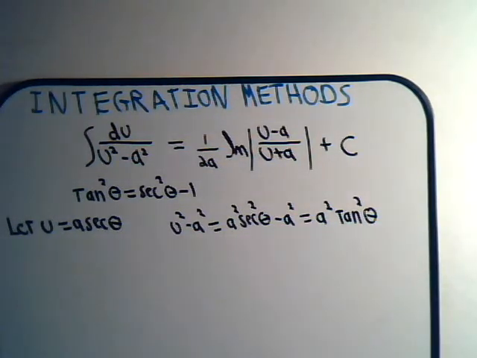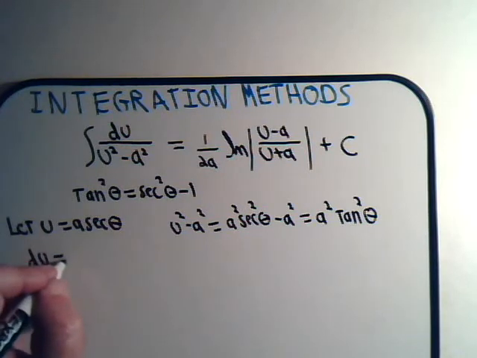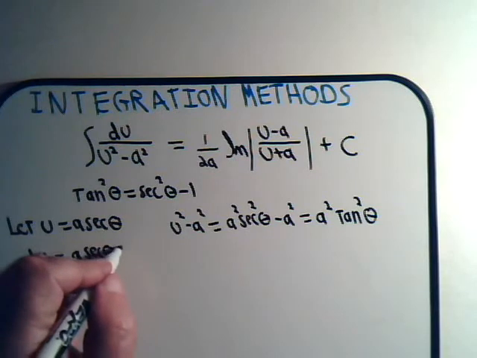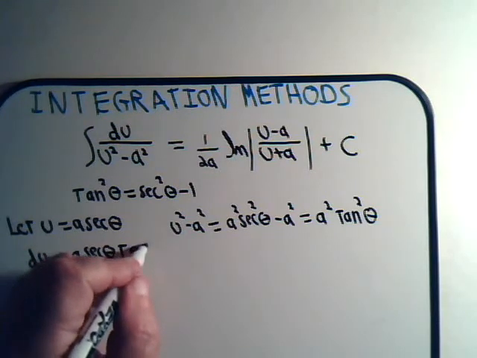So that's the denominator, and the numerator is du, which is a times the secant of theta times the tangent of theta d theta.